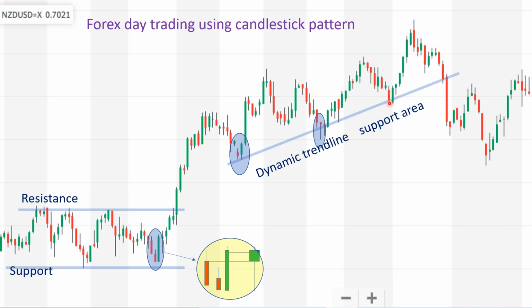The price comes back down to the support area, and it gets rejected due to these 2 candles. I blend these 2 candles to see what the outcome is, and the outcome is nothing but a hammer.